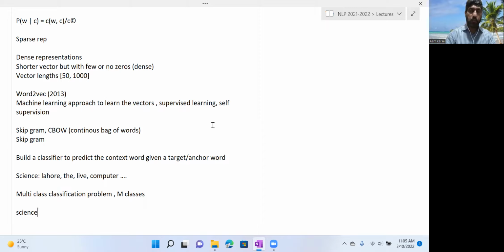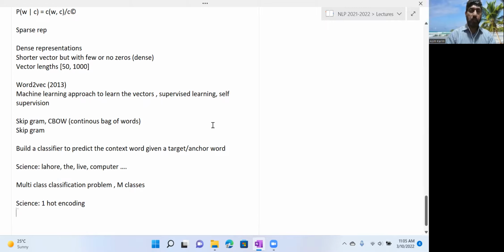So initially we use one-hot encoding for the representation of words. What does this mean? So you have a vector of length M, which is the vocabulary size, and you have a 1 for the position for science.